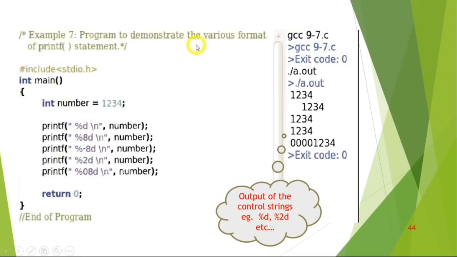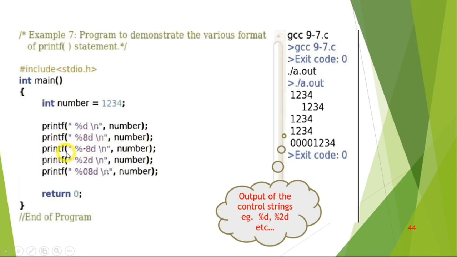Now here is some example of various formats of printf, how it is used. Here it is given output and here it is given program. Now start with include stdio.h, then int main, curly bracket, integer number 1 2 3 4 simply. Here are print statements, and here we are using various formats of printf, and here %d and number, so number will be a variable, so we will include it in each printf statement.